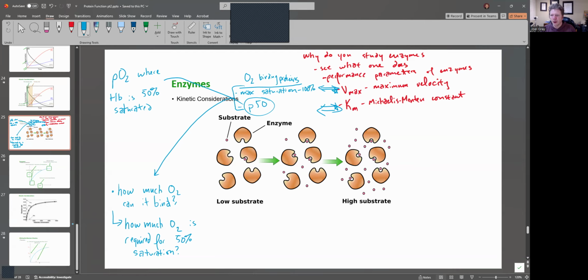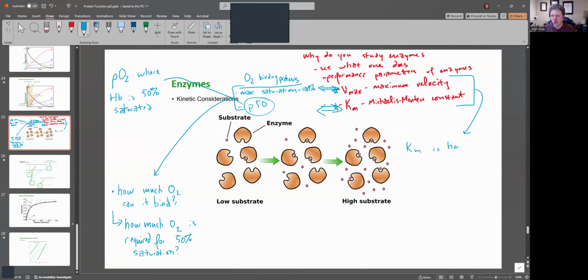Okay. Now, when it comes to enzymes, these two things are very similar to one another. Vmax asks how fast can it go, a performance question. But Km is the same thing as P50, dealing with substrate.